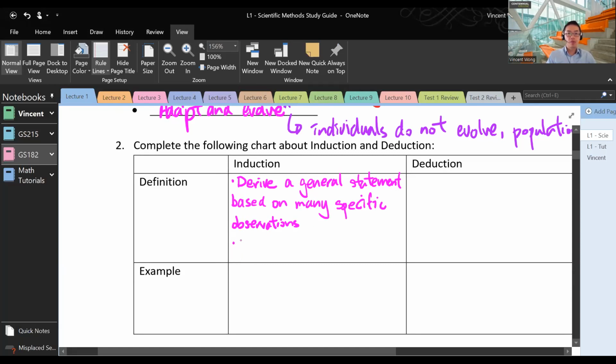This basically goes from specific to generalization.